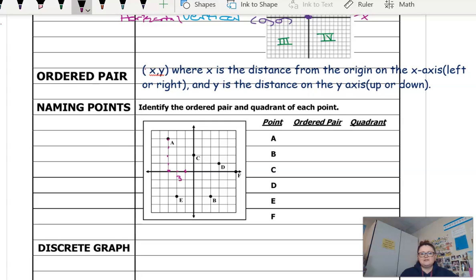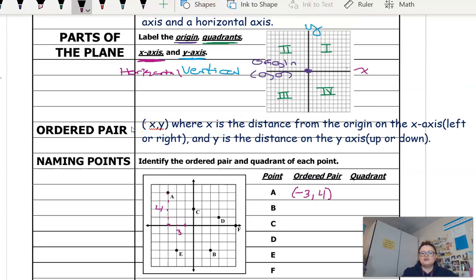So we went left 3 and up 4. So that means that the ordered pair would be -3, 4, and that would describe point A. The quadrant is, if we look back up here at our cheat sheet, then we're in quadrant 2.